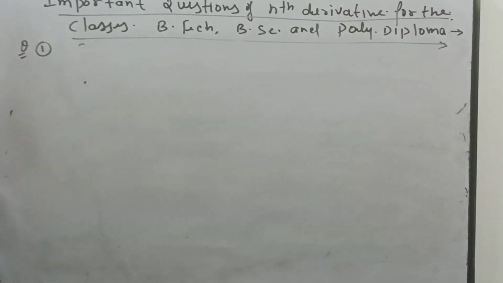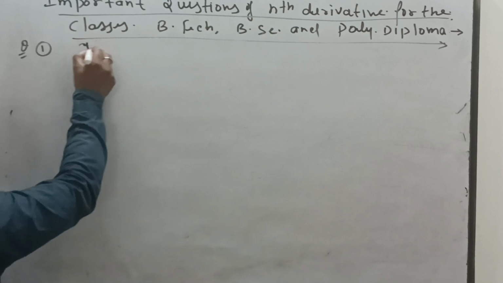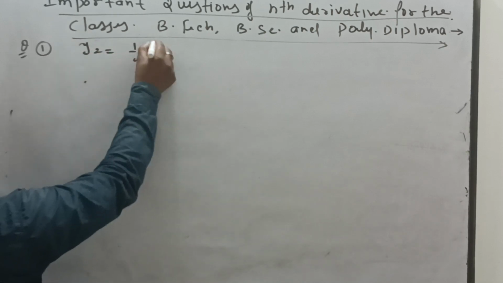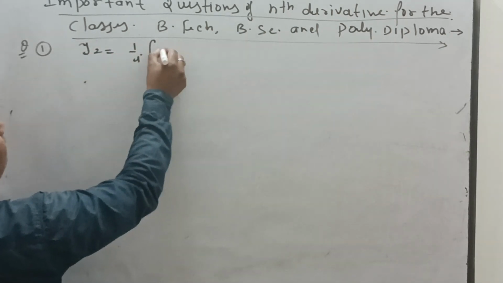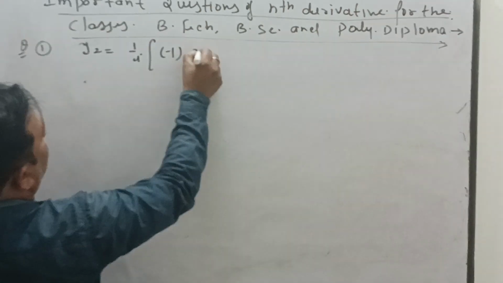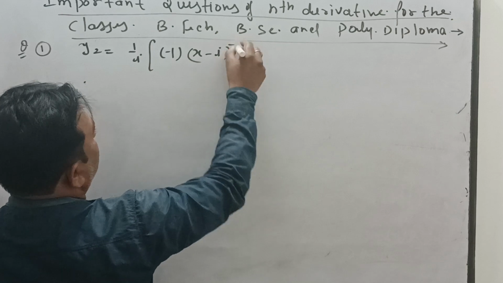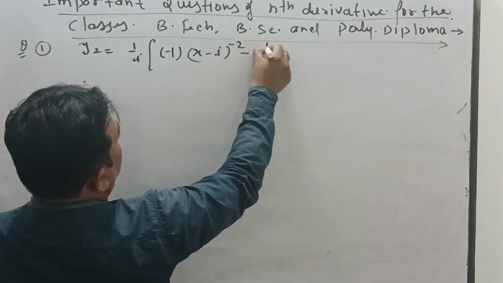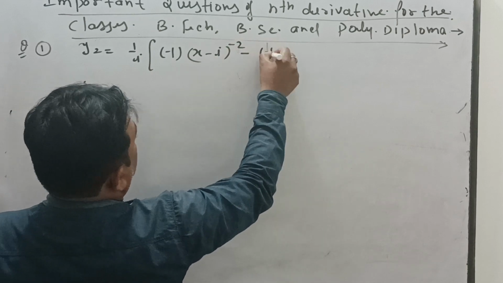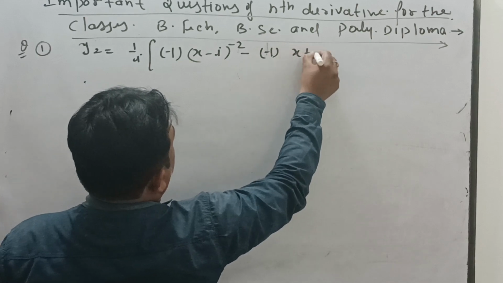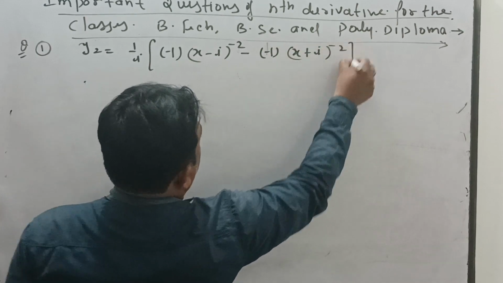Now the value of this y2 is 1 upon i, minus 1 times (x minus i) to the power minus 2, minus minus 1 times (x plus i) to the power minus 2.